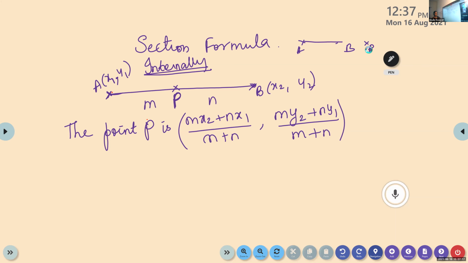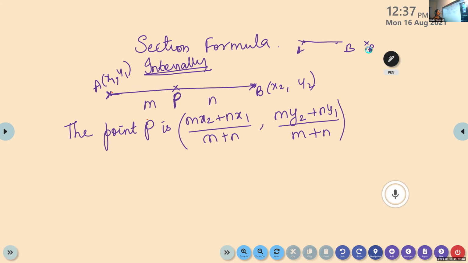mx2 plus nx1 by m plus n, comma my2 plus ny1 by m plus n.